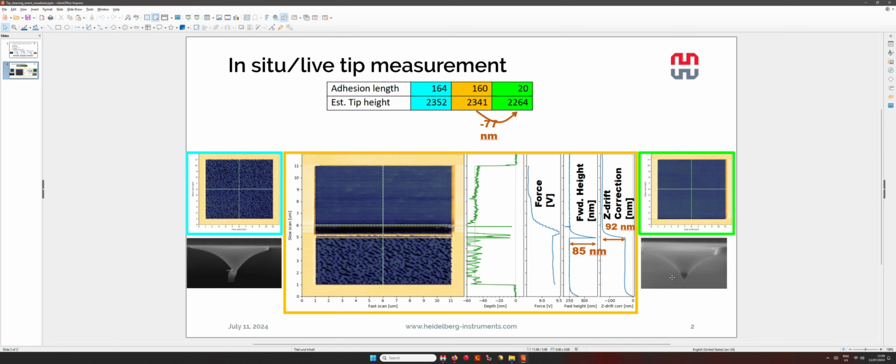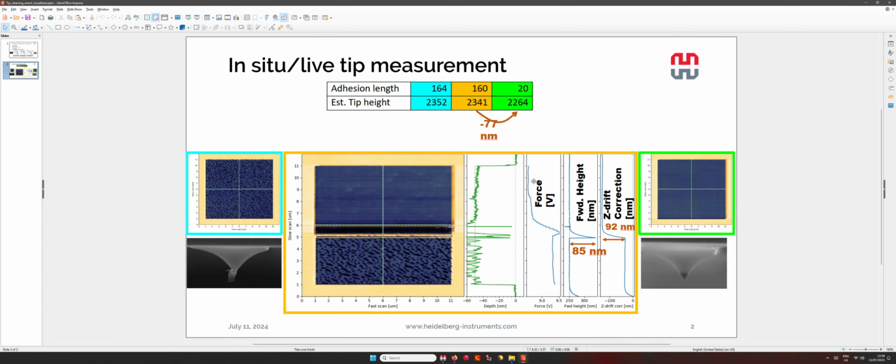The tip height decreases, but by cleaning the tip, we also observe that the adhesion length is drastically reduced, because this accumulation of material also increases the diameter of the tip at its apex. After it is removed, the tip is cleaner and sharper also, and this is hopefully only silicon material. Well, here we can have some carbon contaminations, for example.